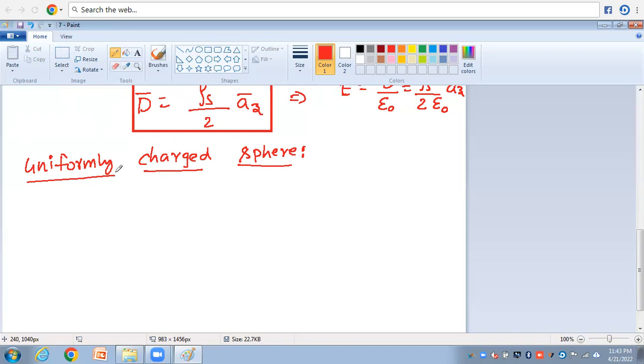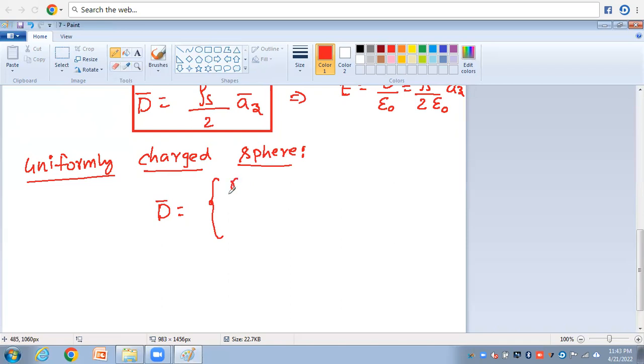Actually, the equations exist with respect to r and a. I will write the direct expressions of this uniformly charged sphere. D bar equals, with a lower bracket, there are two conditions.